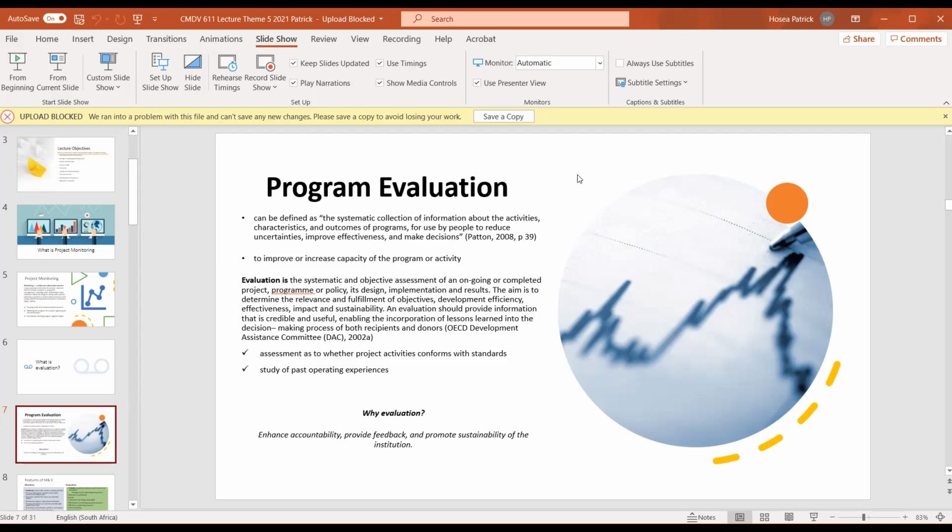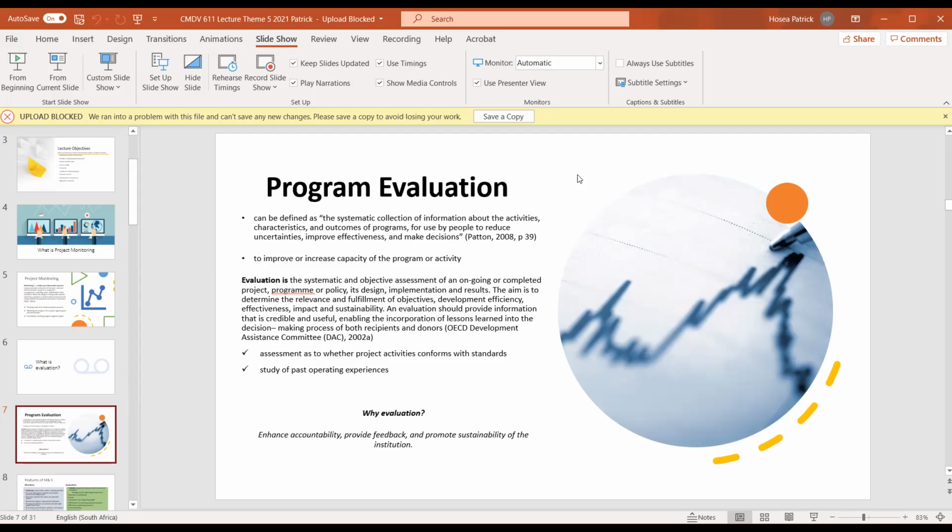So we say evaluation is the systematic and objective assessment of an ongoing or completed project. We'll come to that when we discuss types of evaluation. So we'll talk about how it is ongoing or completed. But it is a systematic and objective assessment of an ongoing or completed project, right?